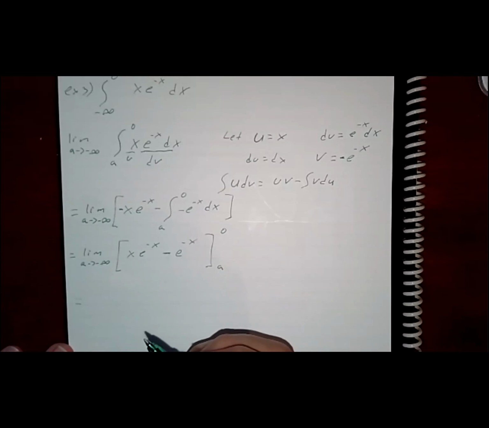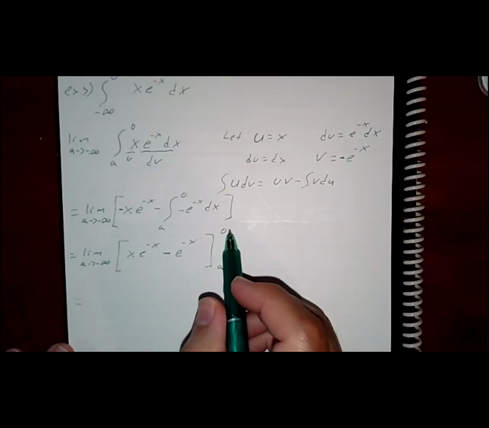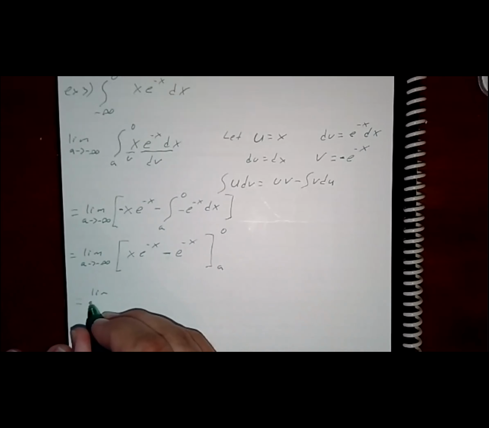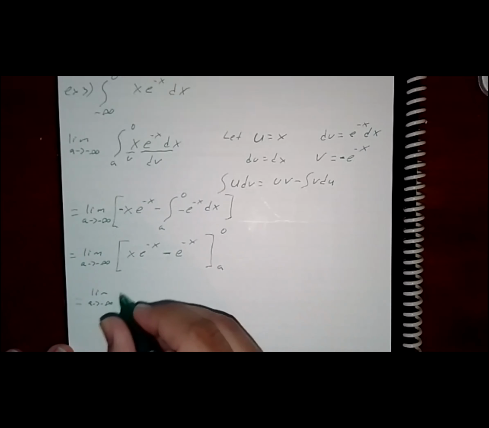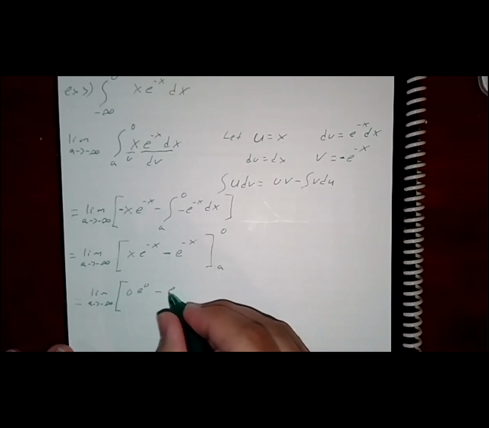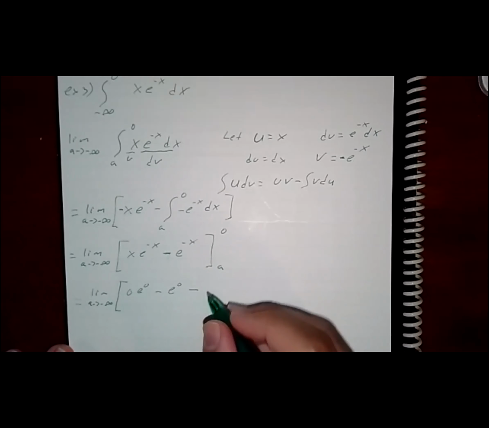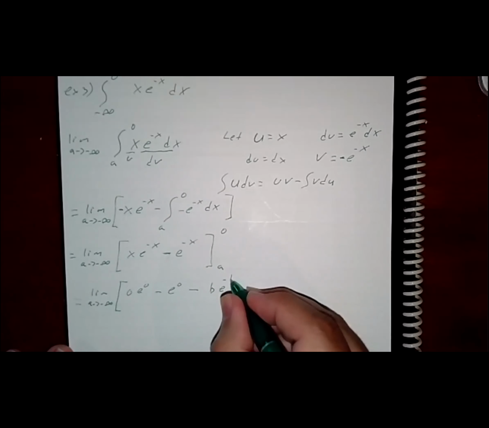So now evaluate and take the limit. So if you plug in 0, the limit as a goes to negative infinity, 0 e to the 0 minus e to the 0 minus b e to the negative b.